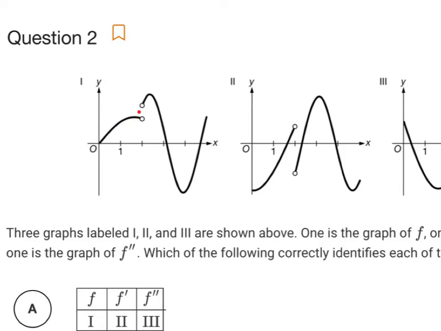So this is above the x-axis until 4, and this is increasing until 4. And then this is decreasing from 3 to 5, and below the x-axis from 3 to 5. Yeah, so that checks out. So it's got to be D.